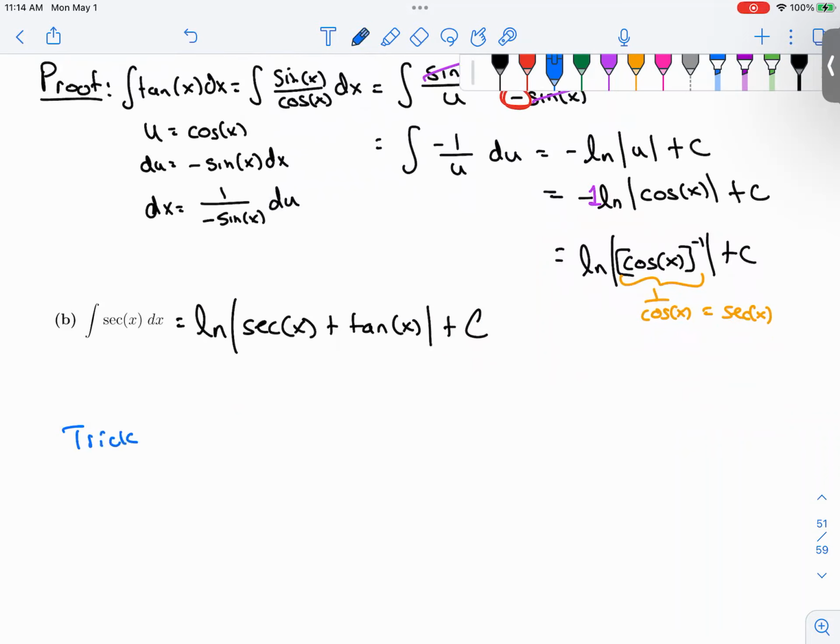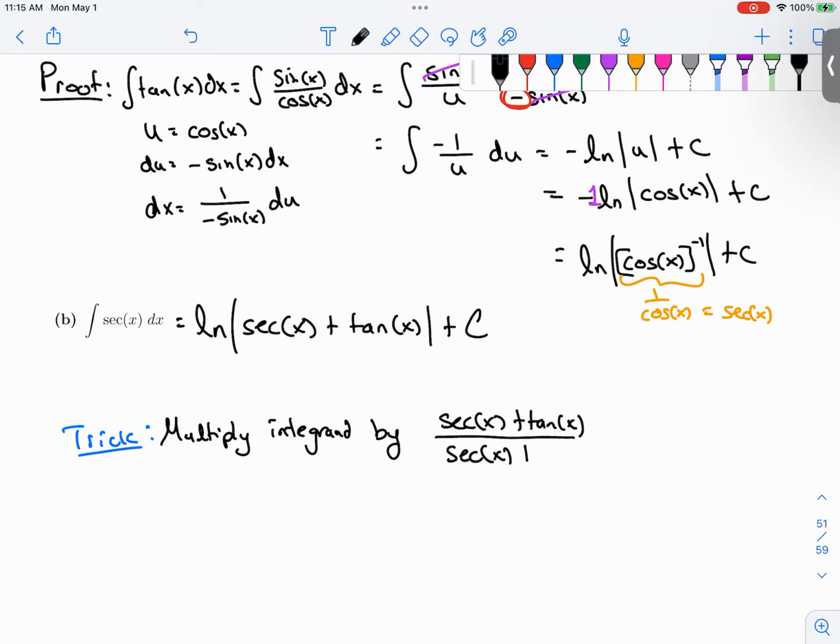If you want to prove this in your own time, it'd be hilarious. It's a good problem to hang out with the bros and do. The trick is to multiply the integrand by secant of x plus tangent of x divided by secant of x plus tangent of x.